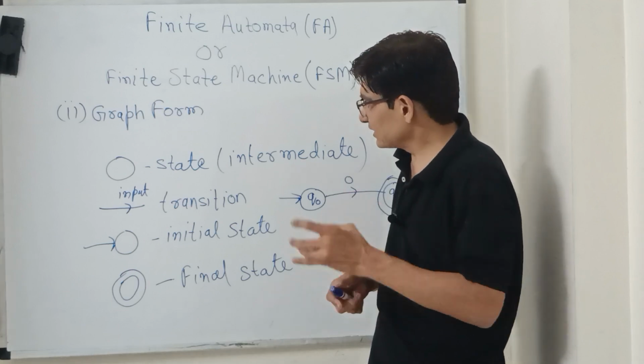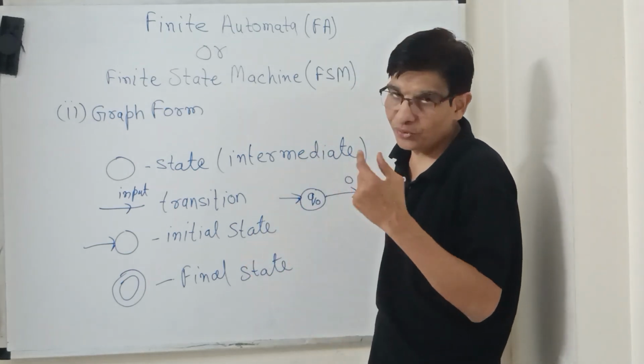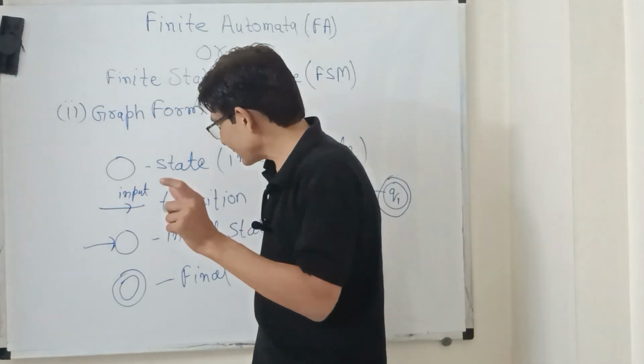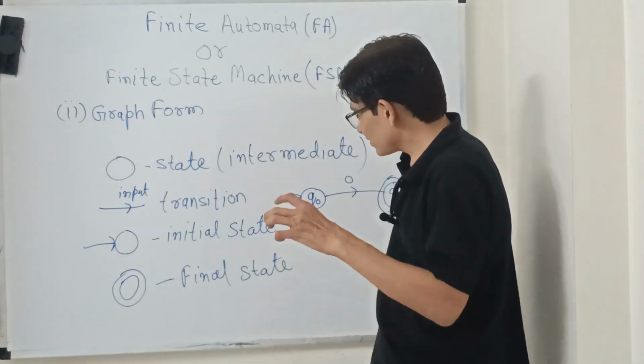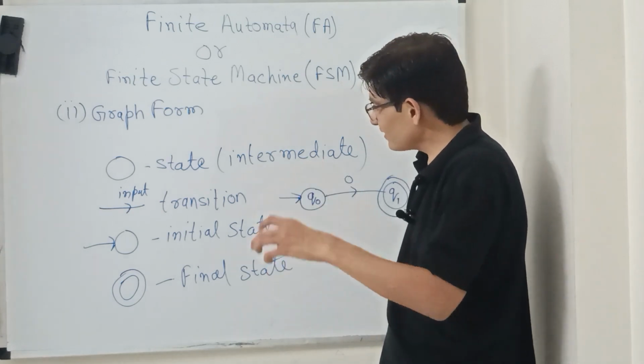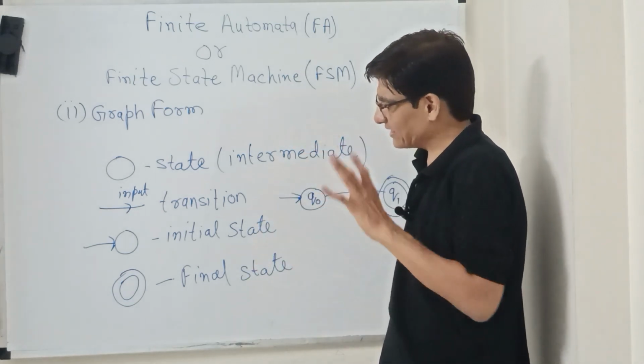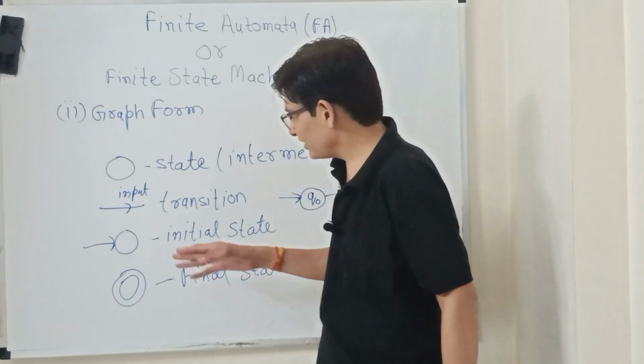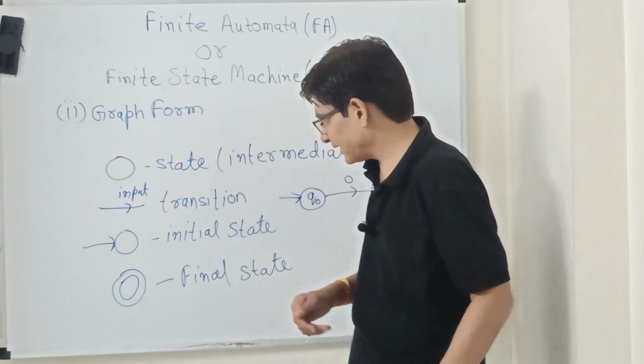As you know, friends, a graph is a collection of nodes and edges. So in this machine also, we will create some nodes and edges, right? So how can we use these nodes and edges?